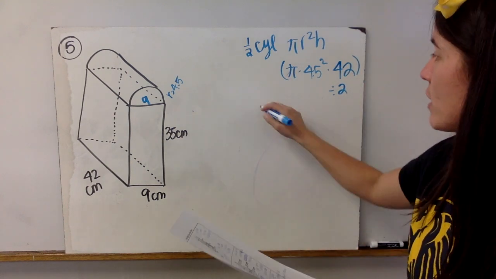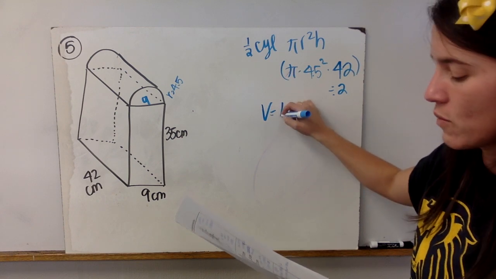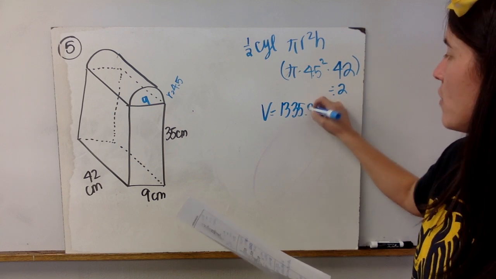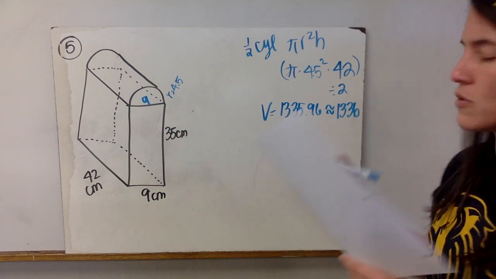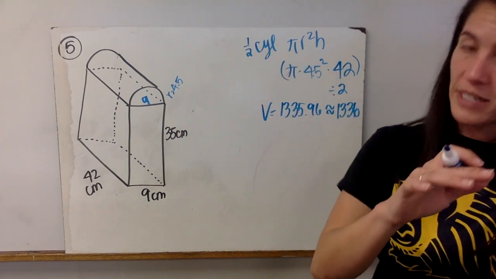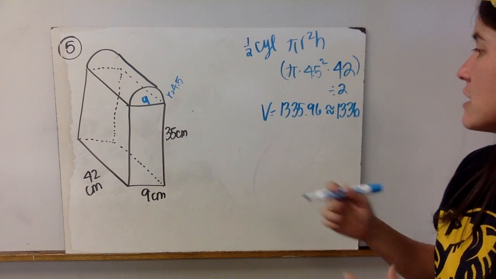And so my volume I got was 1,335.96 something. So I'm going to round to 1,336. It must round up. But 1,336. Now that's the cylinder.